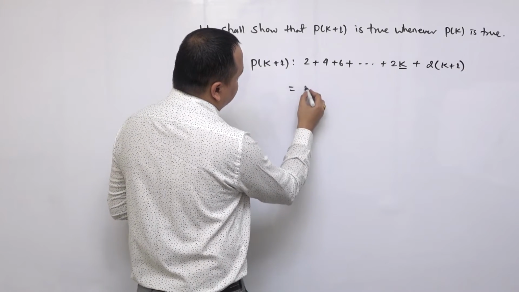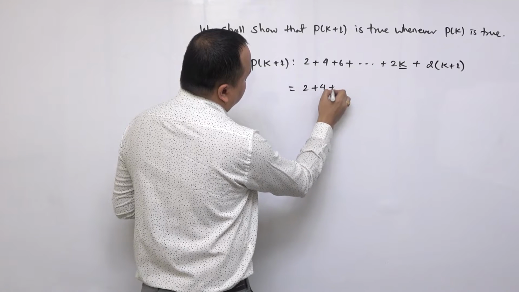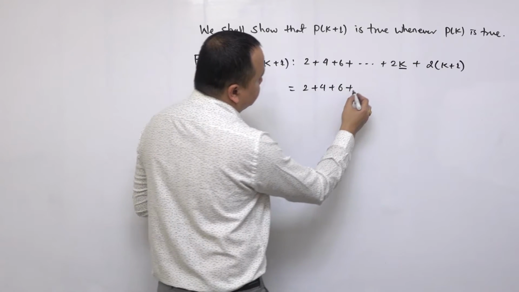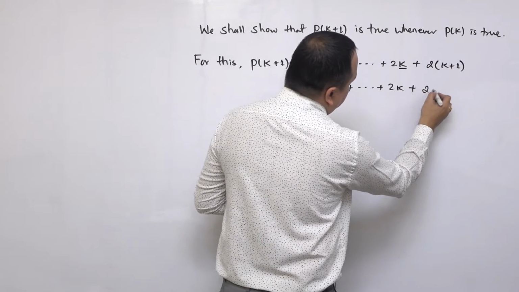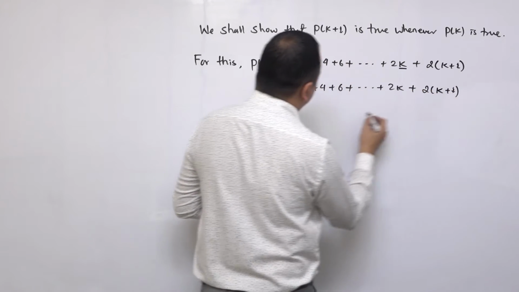And this is 2 plus 4 plus 6 plus ... plus 2k, plus 2 times of k plus 1.